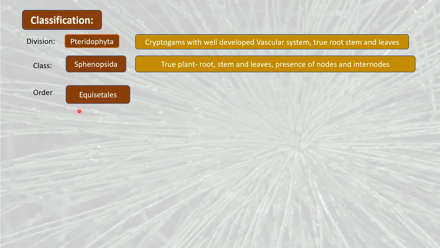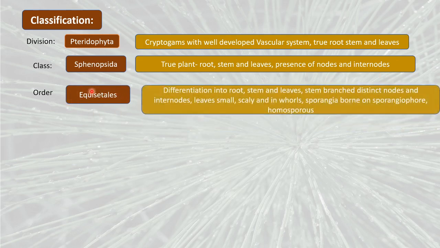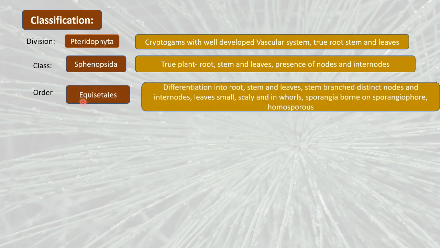So the order is Equisetales. Equisetales has the characteristic that the plant body is differentiated into root, stem and leaves. The stem is branched, which we will look into when we learn about the plant body. It is branched and has distinct nodes and internodes.